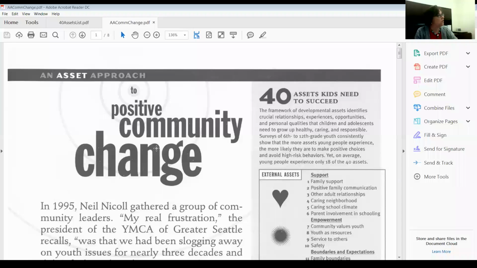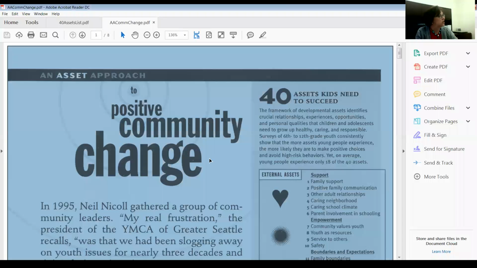And so there are several documents that are helpful in this. There is an asset approach, I'm going to share this one. So there's this asset approach to positive community change.